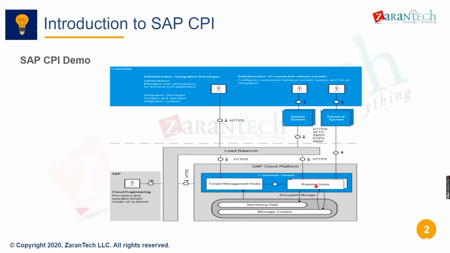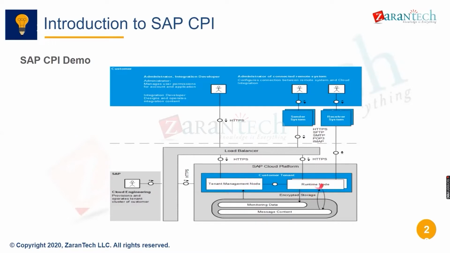Whenever you send the data to the tenant management node, it executes all the steps. Meanwhile, while it is executing these steps, the data will be stored on the runtime node. Once the execution is completed, the output is sent to the receiver system, in my example, mail. Whenever I send the data from Postman, it reaches the SAP CPI.